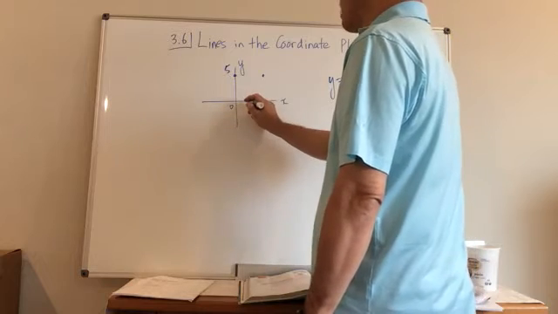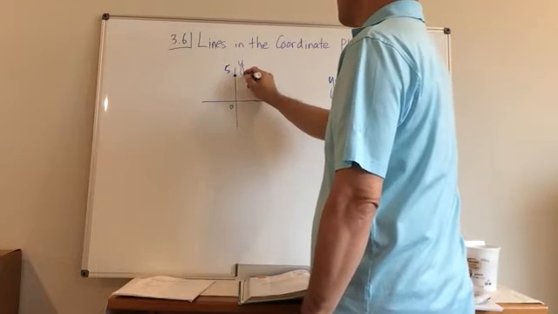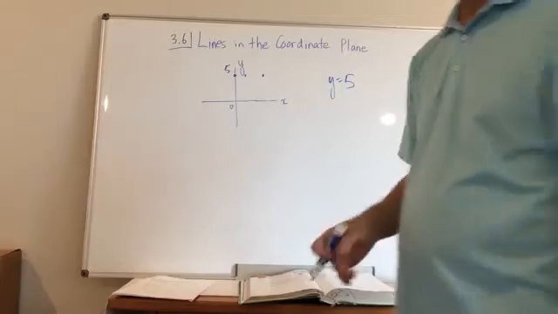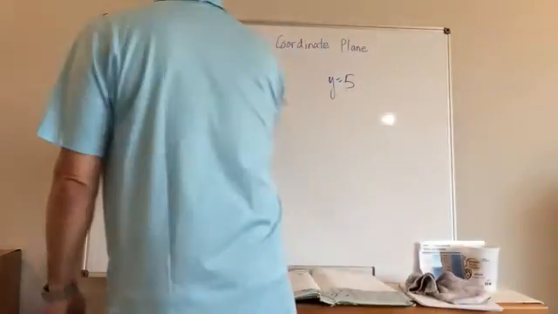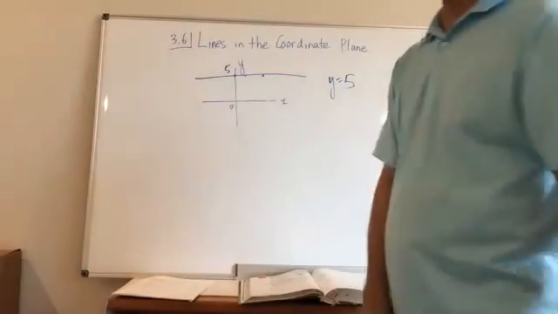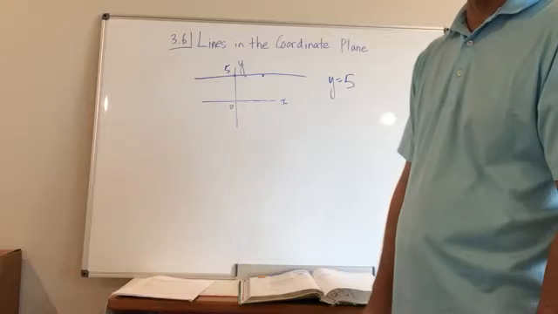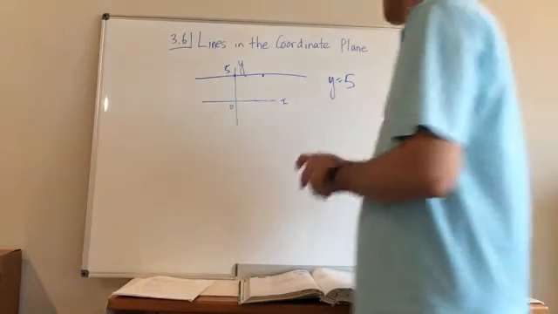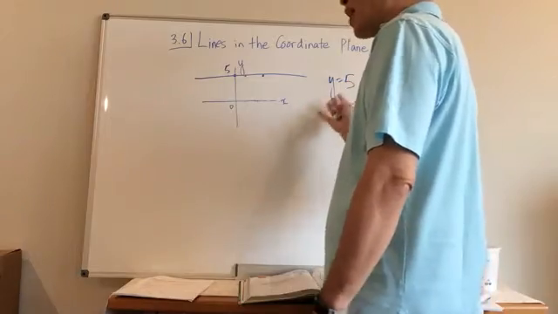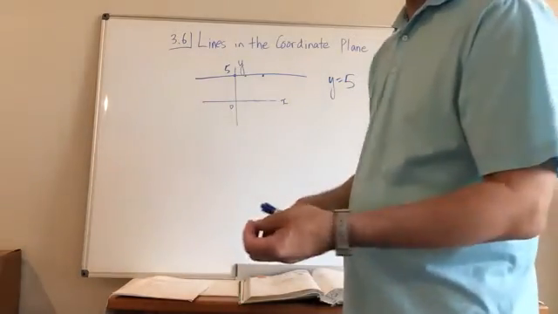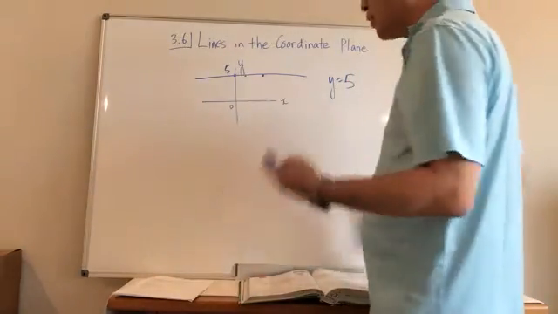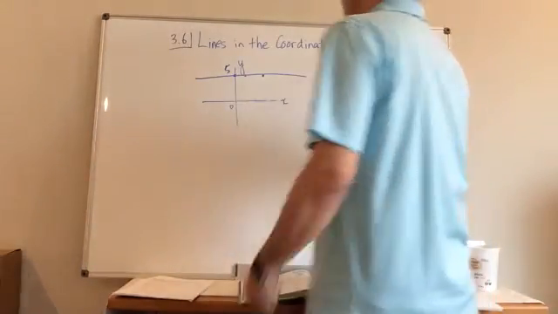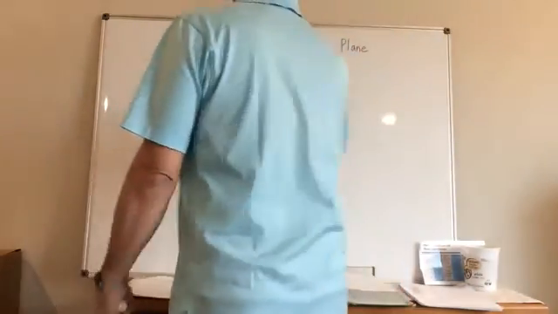When x is equal to 1, y is equal to 5. In other words, no matter what x is, y is always going to be 5. So if I draw a line, it's going to look like that, a horizontal line. So when it says y is equal to 5, don't let that throw you off. All it means is that regardless of what x is, y is always going to be 5.